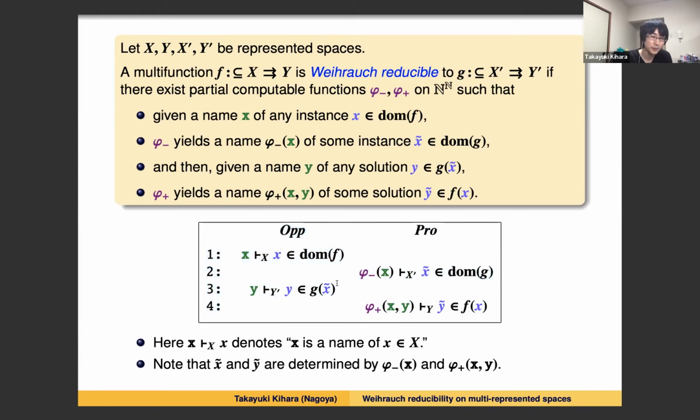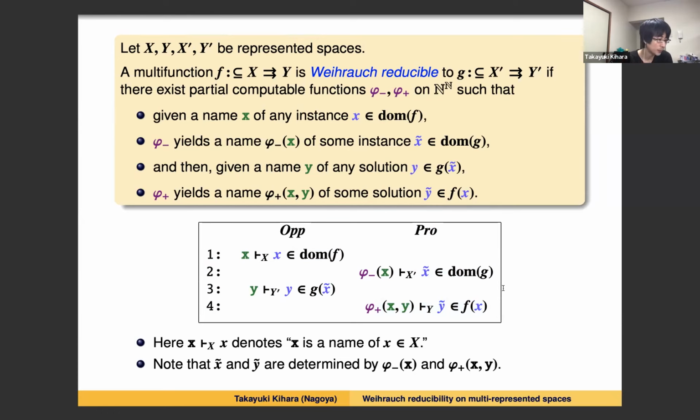In response, the proponent makes a query: by seeing the name green x, they give a name of an input x tilde of G. Then the opponent presents a name of a solution y of G(x tilde), and the proponent looks at it and makes a name for a solution of f(x). So it's the same process as before, except that it involves names.